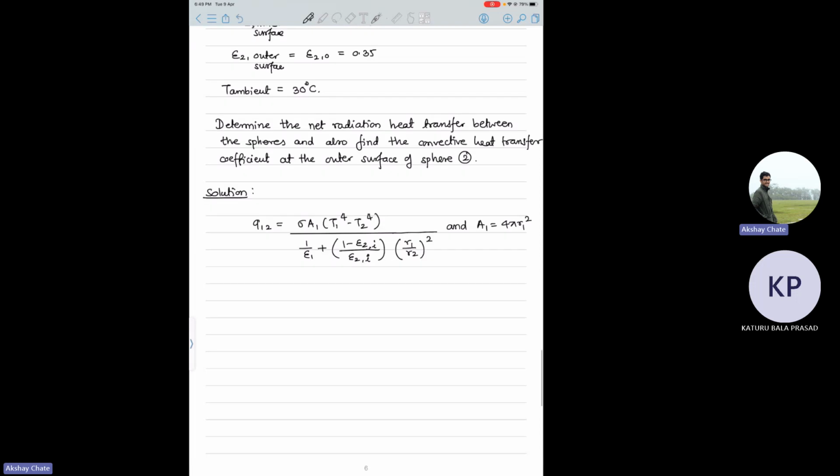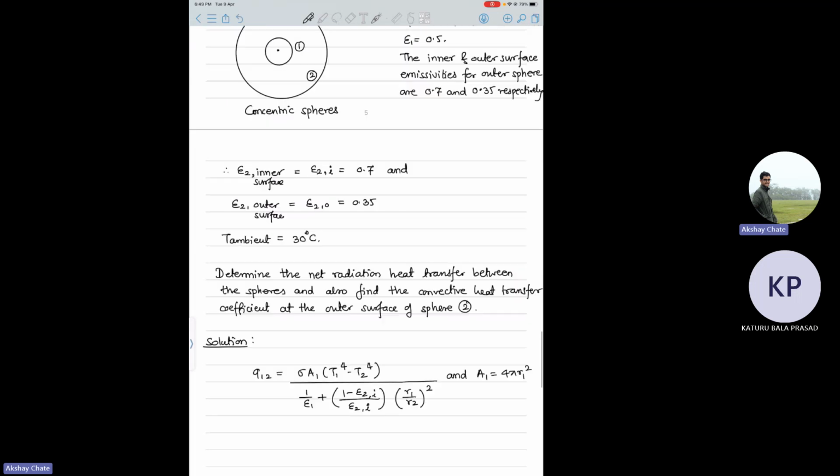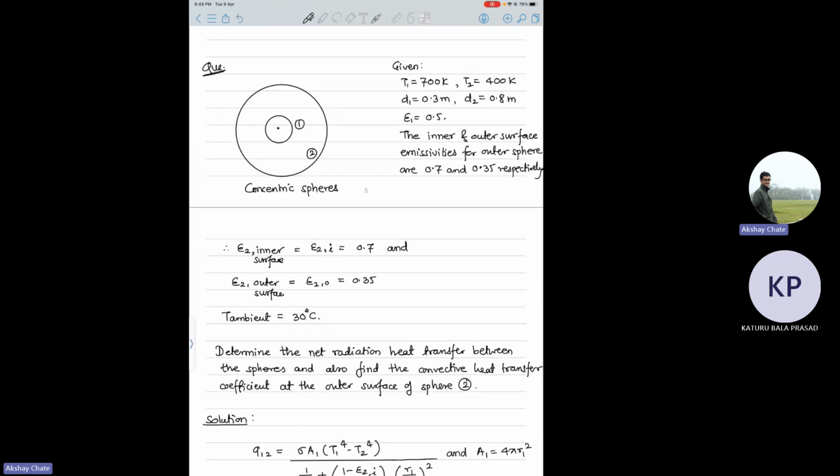Okay. And A1 is nothing but 4 pi R1 square. Correct. So now everything is known. Sigma is 5.67 into 10 to the power minus 8, and this epsilon 1 is also given as 0.5, epsilon 2 inner surface is 0.7, and the radius ratio R1 by R2 will be 0.3 by 0.8, or 0.375.